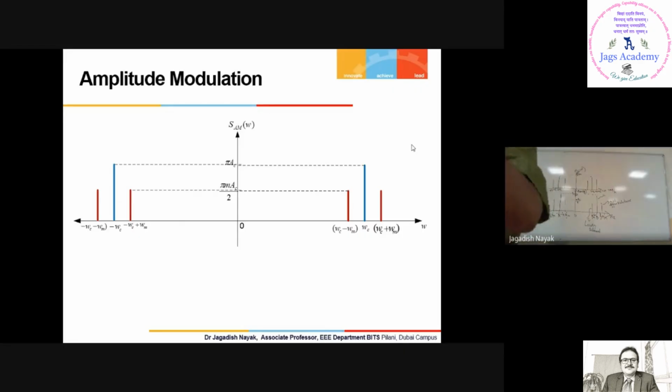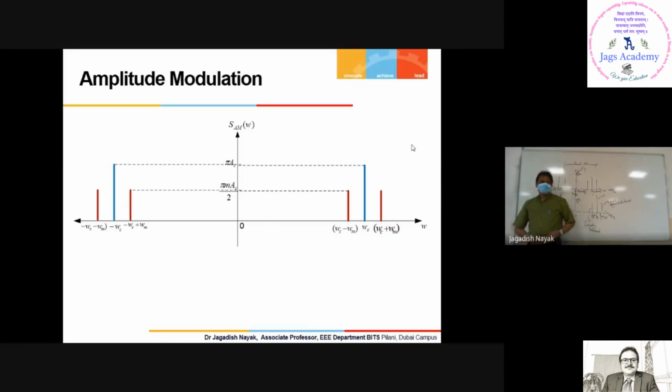So, what you got now is called the conventional AM wave, which has a carrier frequency in it, which is very clear from the equation and the plot you have, and it has an upper sideband and also a lower sideband.